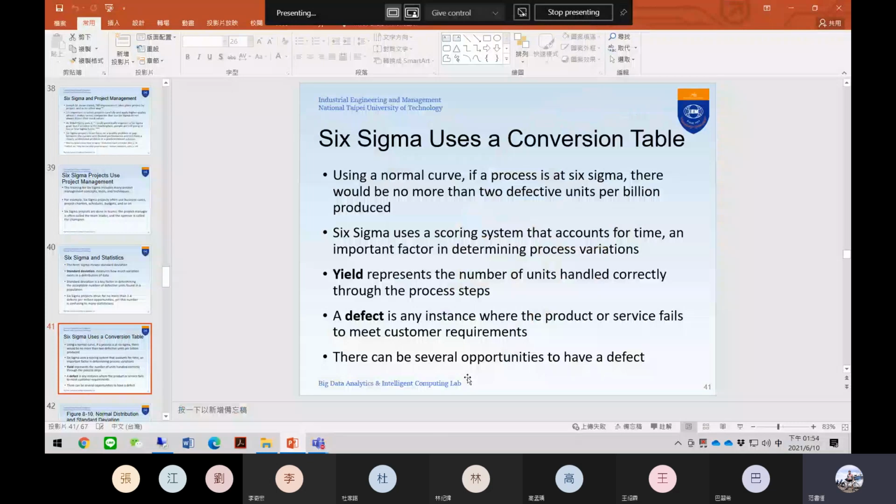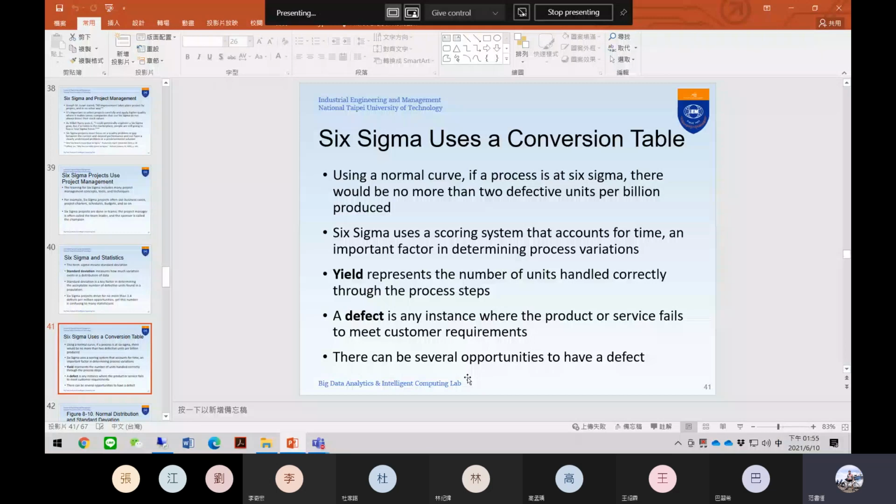L represents the number of units handled correctly through the process step. A defect is any instance where the product or service fails to meet customer requirements. There can be several opportunities to have a defect.